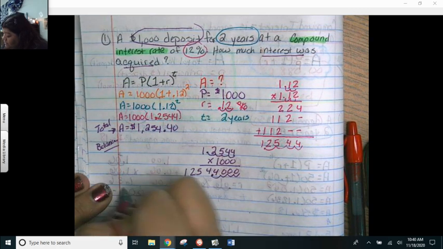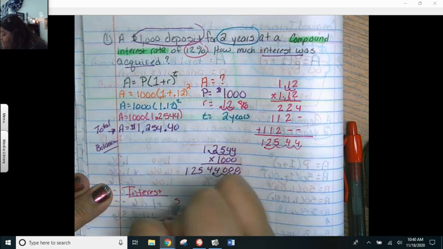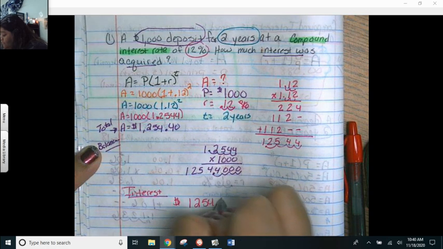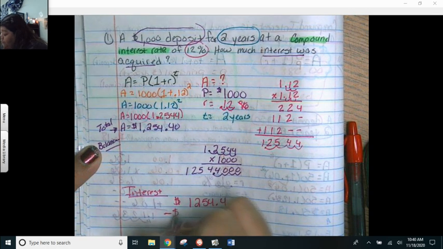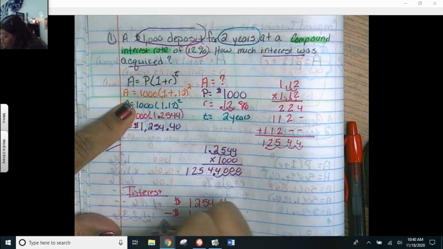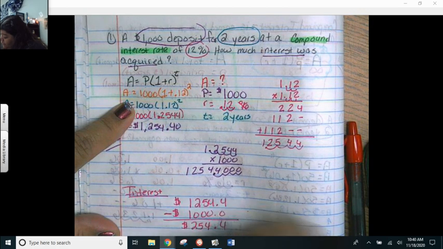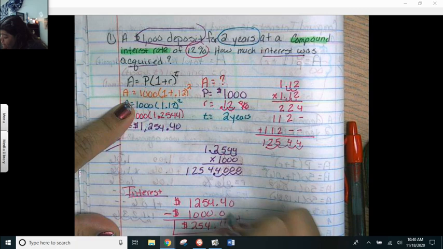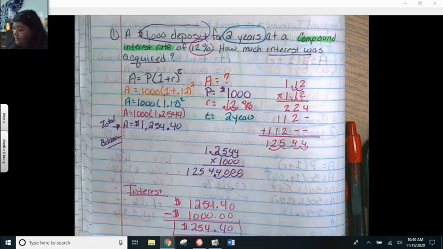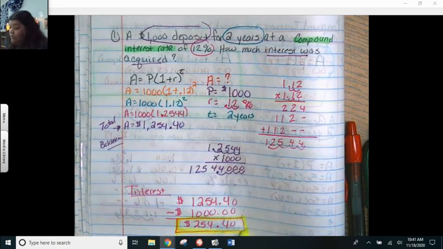So to find the interest, remember, I'm going to take my total balance, $1,254.40, and subtract the principal, which is only 1,000, which means the interest that was acquired was 200. I'm going to add a zero there so it looks nice, okay? The interest is $254.40, okay? That is the amount that was acquired.